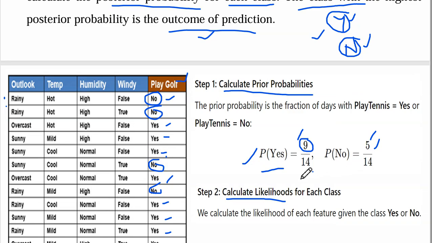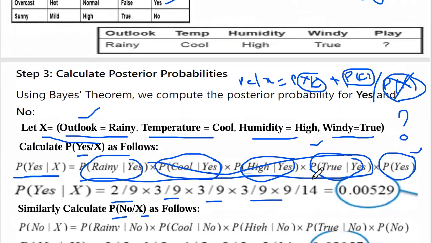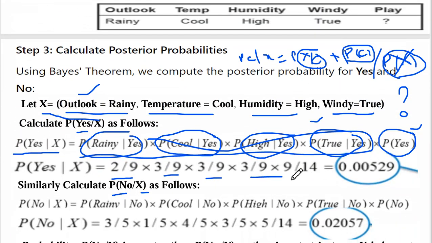Here I am finding the posterior probability for the yes class, so the prior for the yes class is 9 by 14. If you calculate all these values, you will get the final value 0.005.